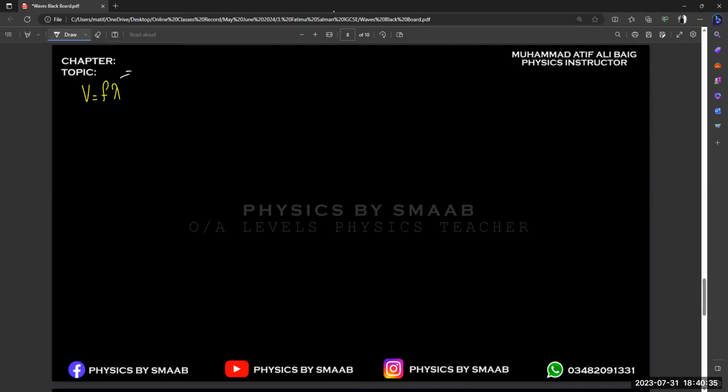That will give you the speed of a wave in general. It may be sound, it may be light, it may be electromagnetic, right? So we use this formula for sound waves also. Any confusion? No, sir.